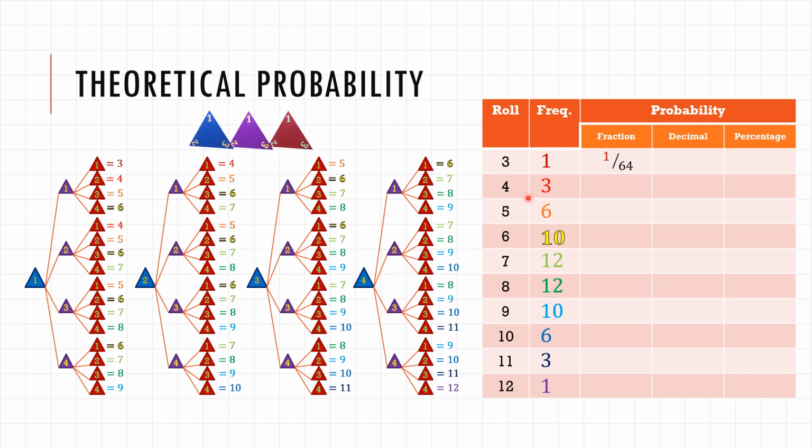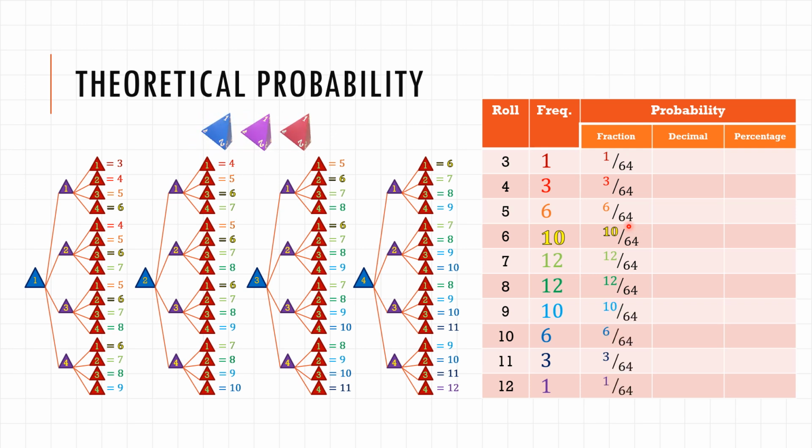The probability that I'll get a 4 is 3 out of 64. And I can keep going with all of these. All of them have the same total number of outcomes, so I'll just divide the frequency by the total number of outcomes, and therefore I'll be dividing all of them by 64.